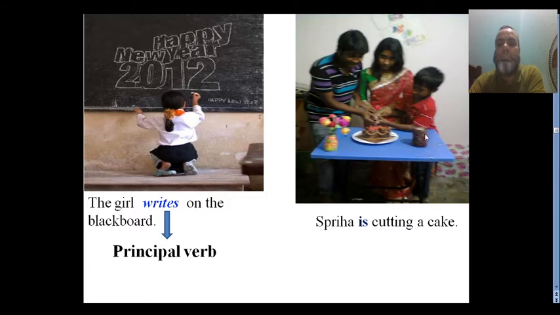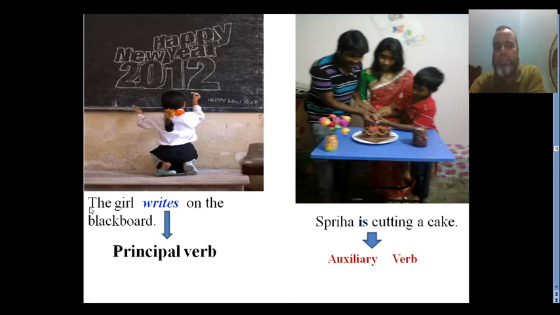That means this girl, Spriha, is cutting a cake. Is is a verb here. This is an auxiliary verb. That means if we classify verb, first of all, they are divided into two parts. First one is principal verb, another one is auxiliary verb.